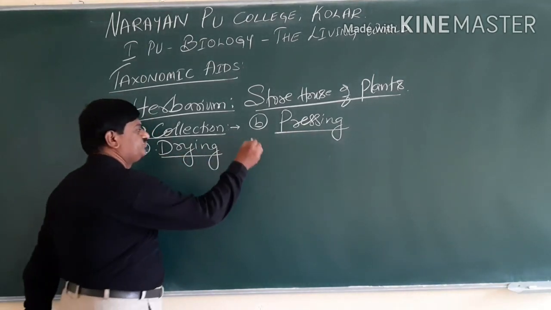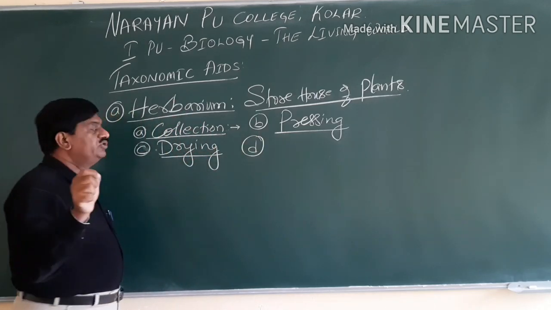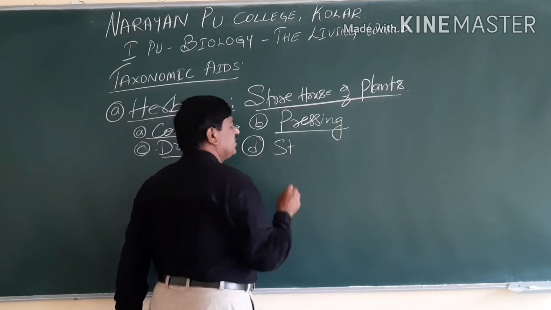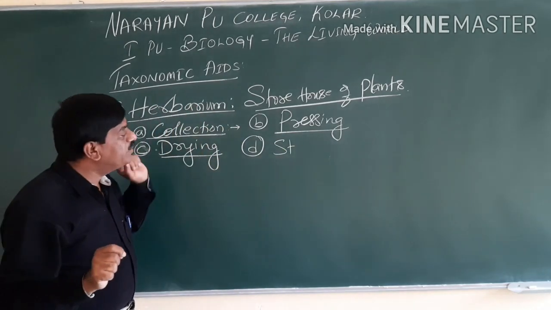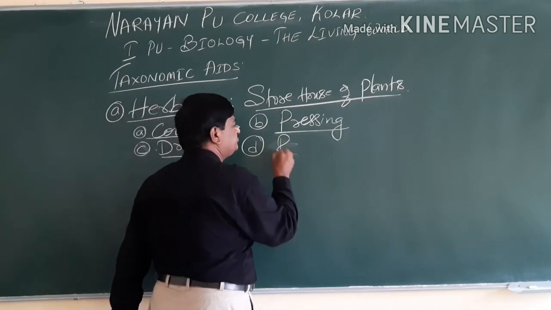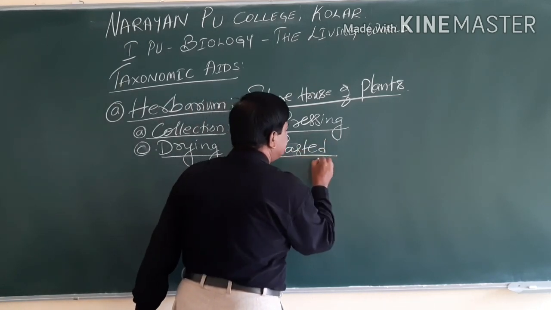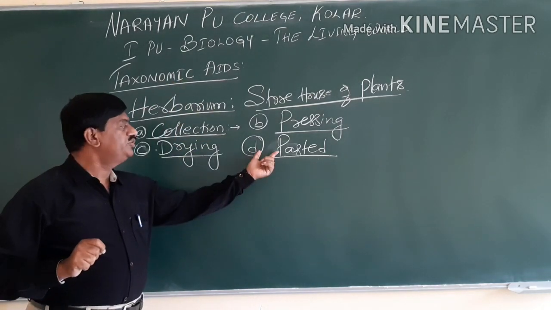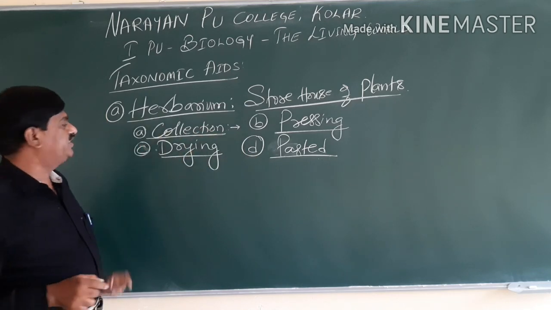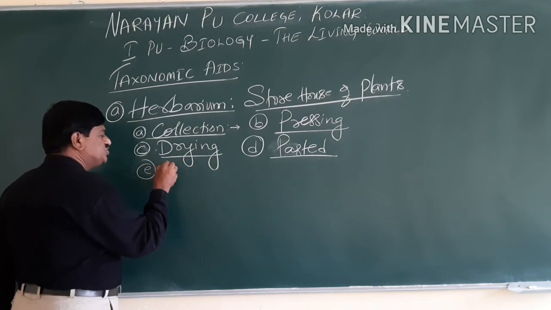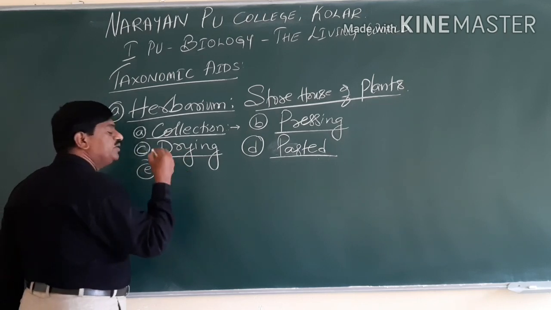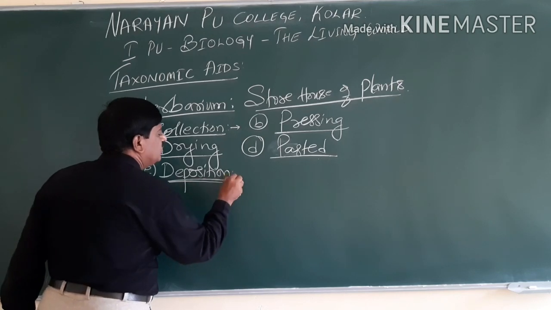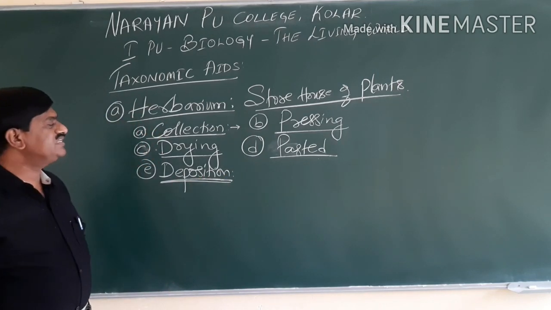After drying, we take this plant twig and it is stuck or pasted onto the herbarium sheet, or herbarium sheet paper. Once it is stuck and pasted, it is deposited or placed. The storing of herbarium papers is called deposition.